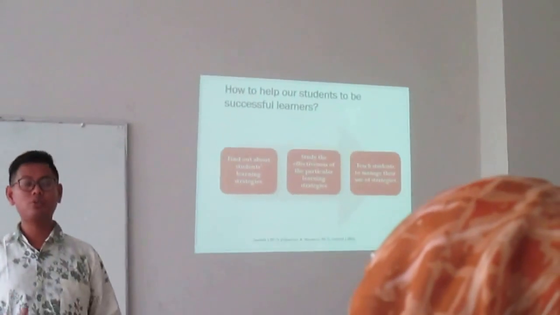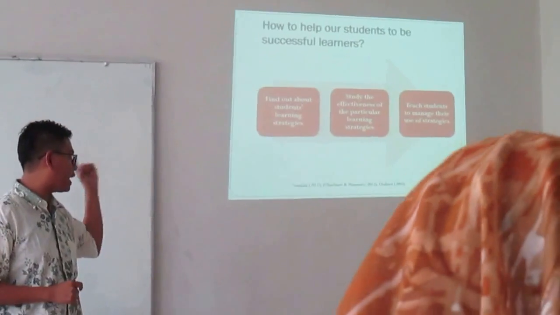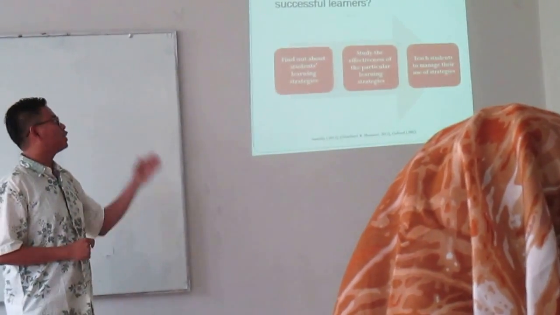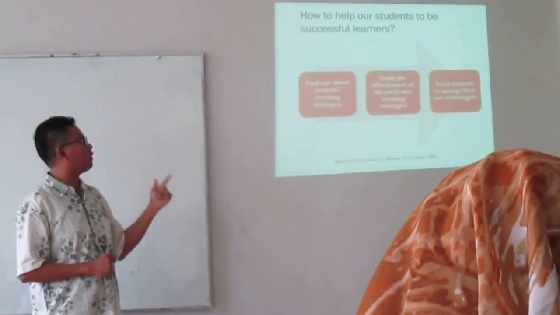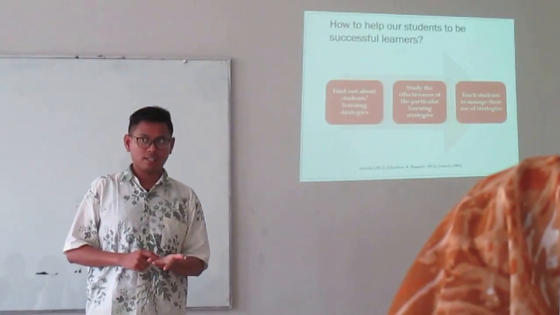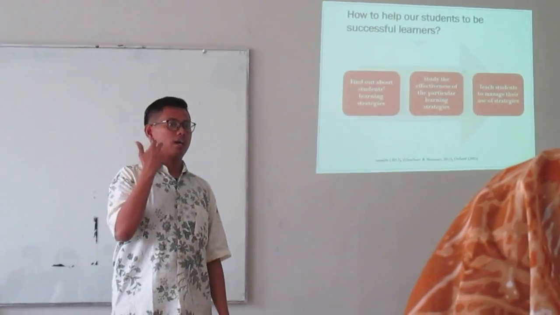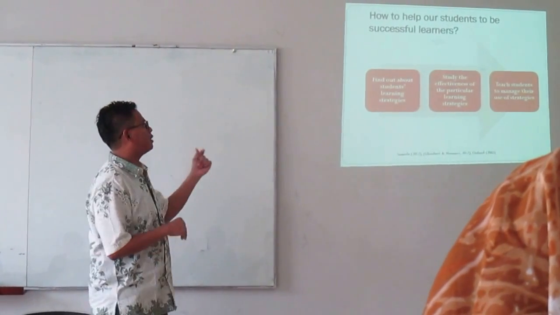We have to know about the students' strategy in their learning process. So that's why as a teacher, we have to find out the students' learning strategy to make them successful in learning and study the effectiveness of the particular learning strategy. We have to know about it, such as metacognitively, audiolingual method and so on. We have to know about it.